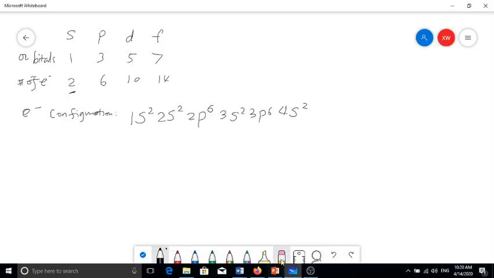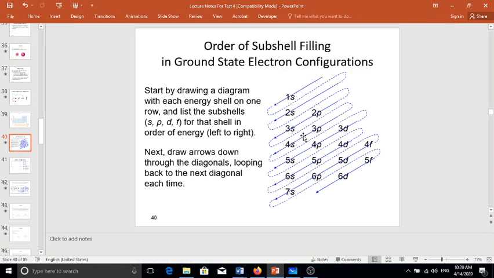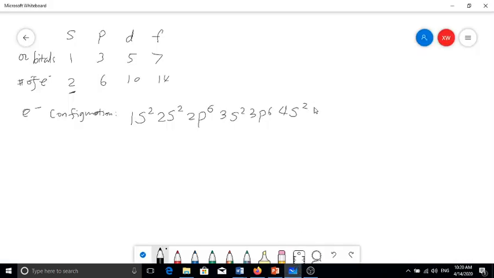And after 3p, 4s, the next one is going to be 3d. 3d is going to have 5 orbitals with 2 electrons in each, so it holds up to 10 electrons. So it goes up to 10. And this goes on.